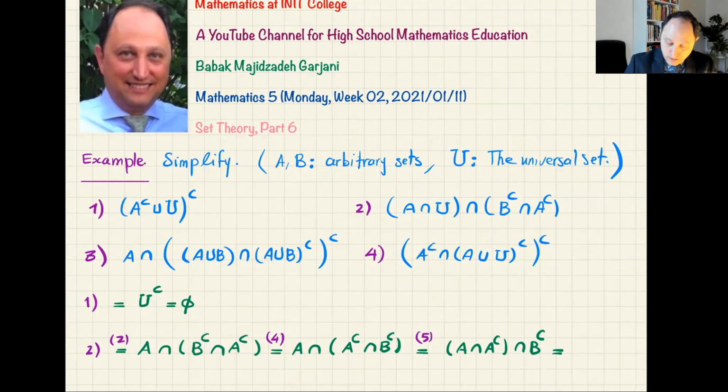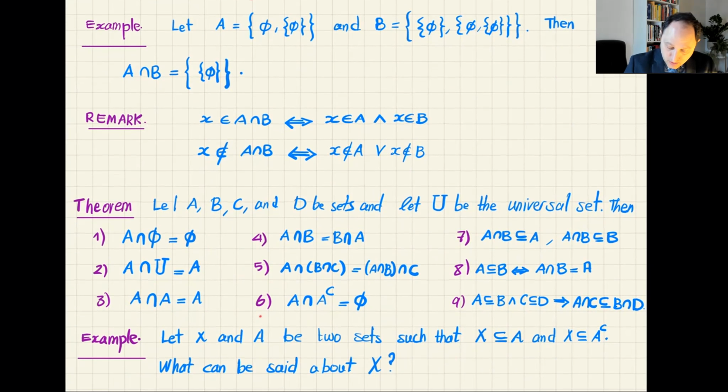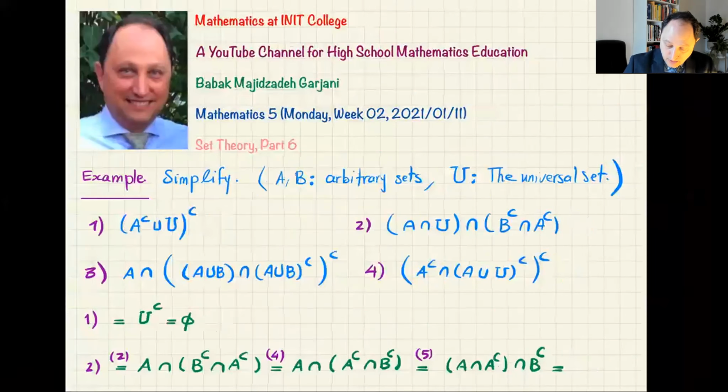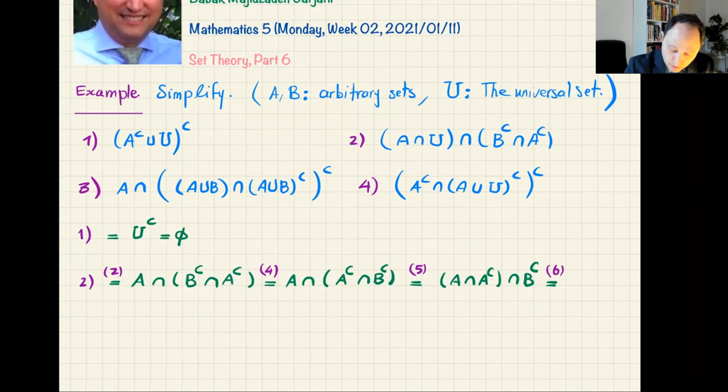But now, what is A intersection A complement? If I go here, this is number 6. A intersection A complement is the empty set, yes? So this becomes number 6 now. And the answer becomes the empty set intersection with B complement.